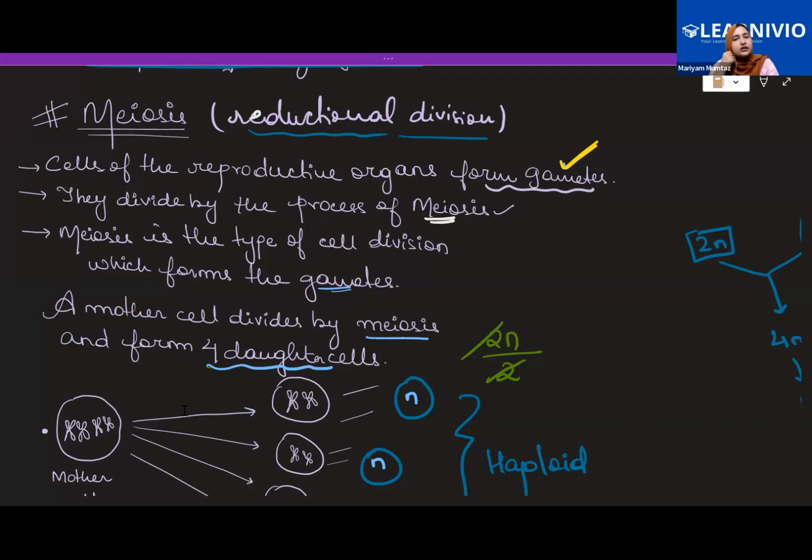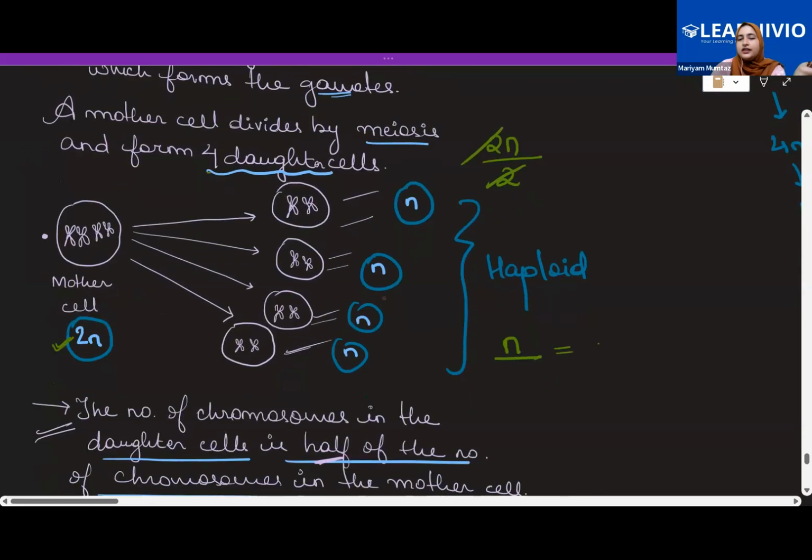So we were talking about meiosis. During meiosis, which is called the reductional division, at the end of meiosis one mother cell will give rise to four daughter cells, and each of those four daughter cells has half the number of chromosomes. For example, if the mother cell was diploid, all four daughter cells will be haploid.